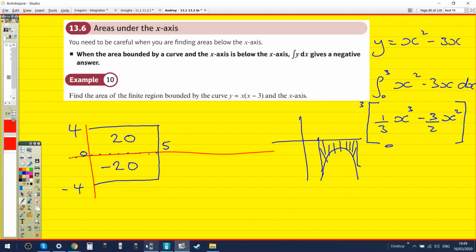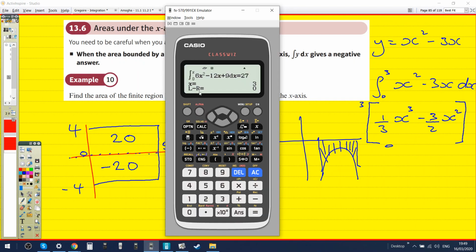That would be minus 9 over 2. And so is that area minus 9 over 2? Oh no, it won't be. It'll be 9 over 2.